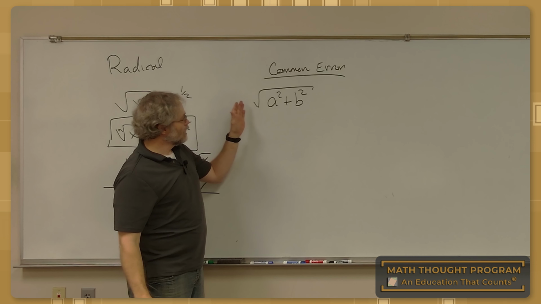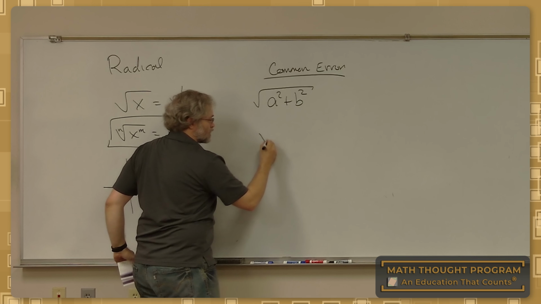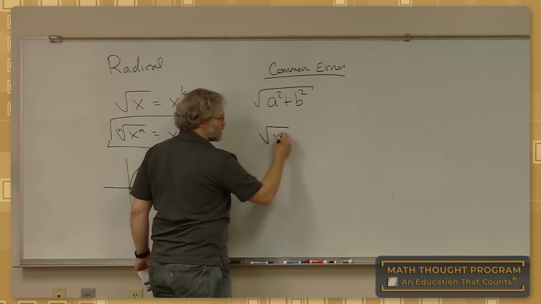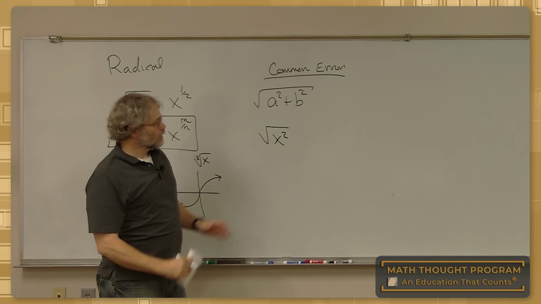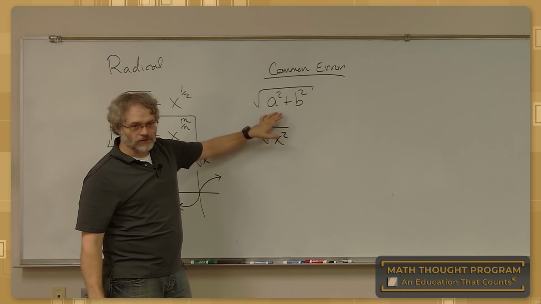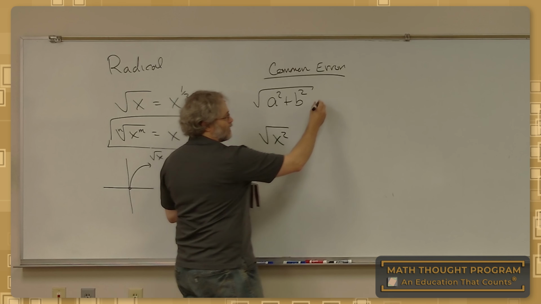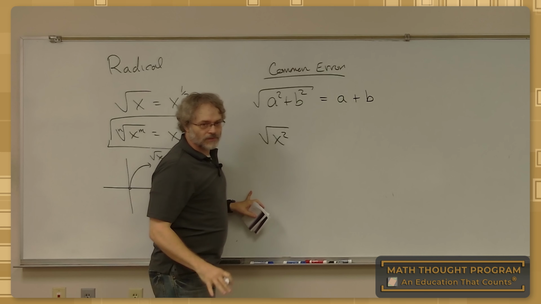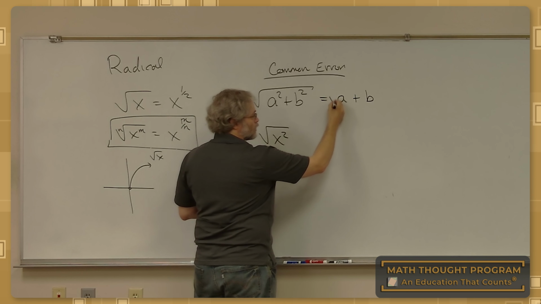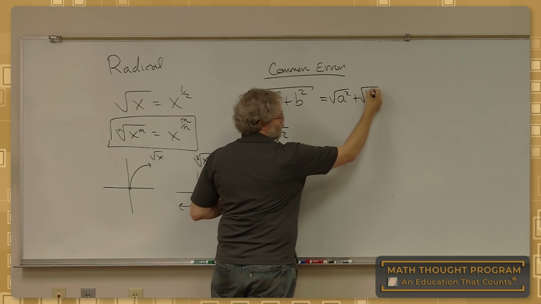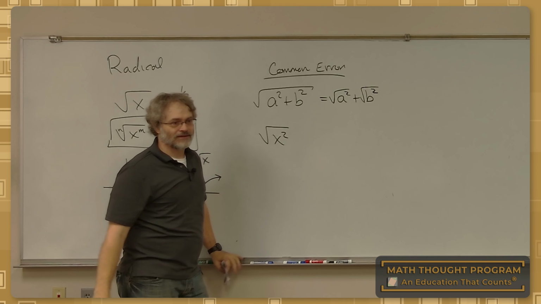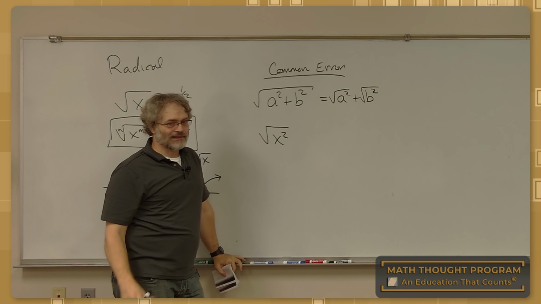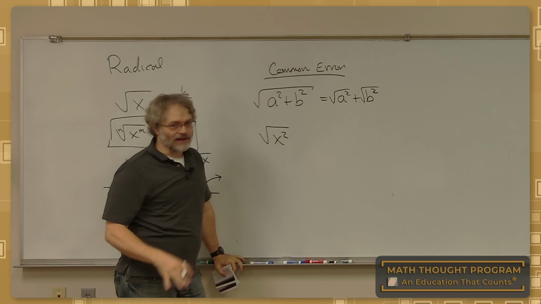They say, okay, I know something about square roots and squares. Whenever you take the square root, you think that this is going to be this, because you think you're going to take the square root of the first term and the square root of the next term. But that is not how this works.